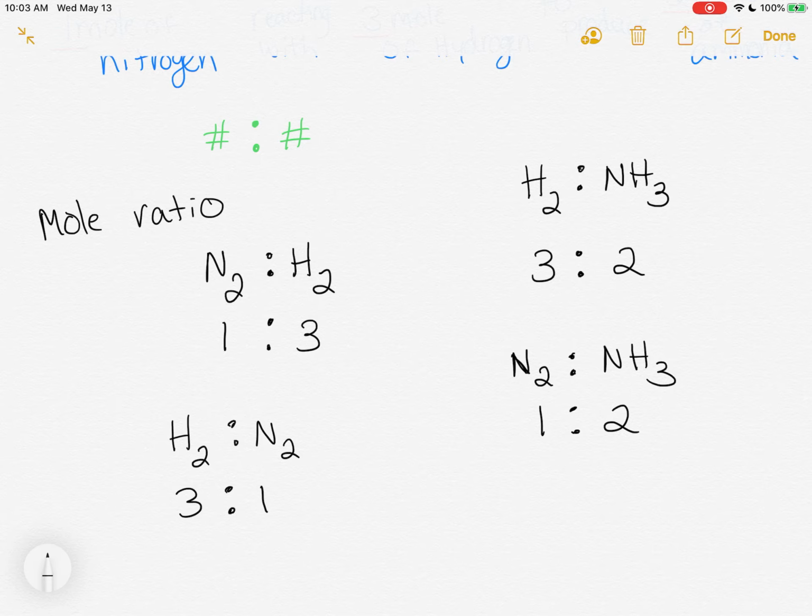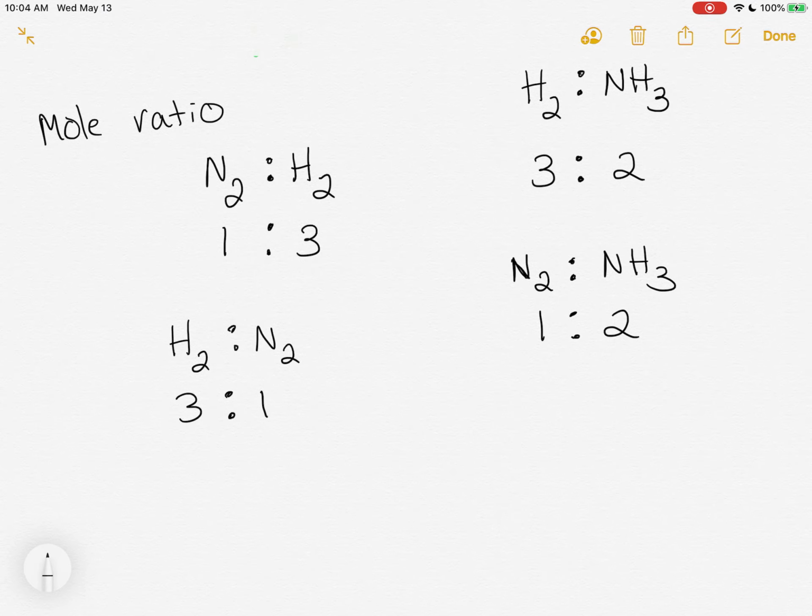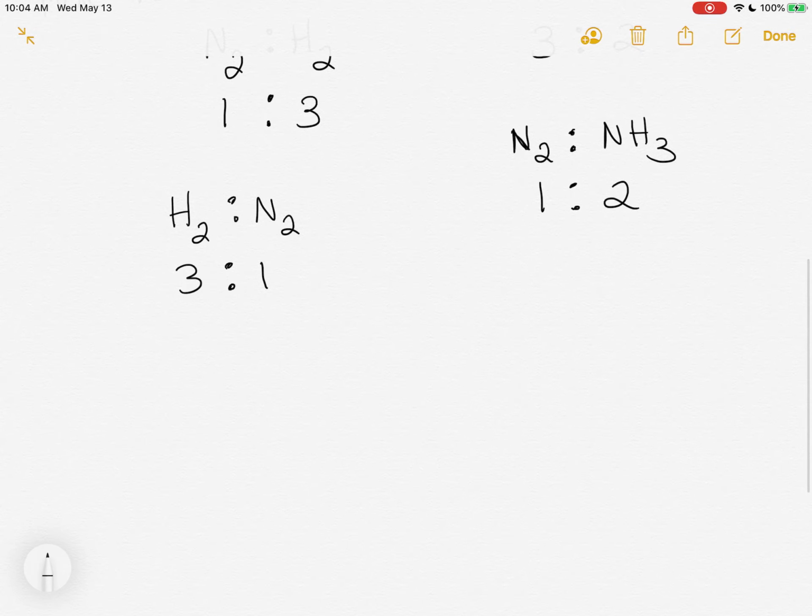Okay, and it's all about what you want the ratio of compared to the other substance. So whatever your starting substance is, whatever your ending substance is, but you can decide what that is. You just want to make sure that you're reading questions carefully. For instance, you don't want to say 1 to 3 if you want the ratio of hydrogen to nitrogen, because that's the ratio of nitrogen to hydrogen, and you don't want to flip-flop them. Okay, so those are our mole ratios.